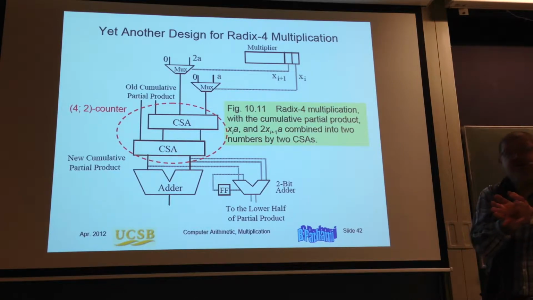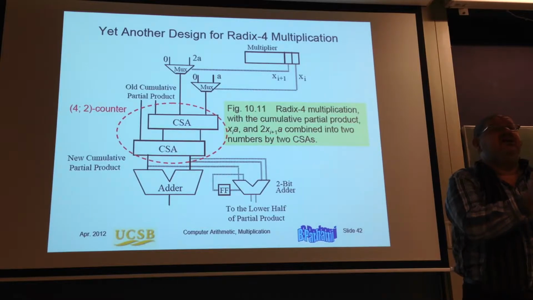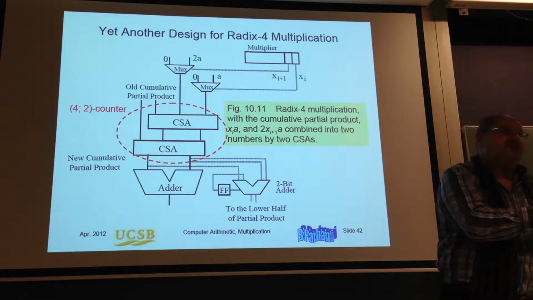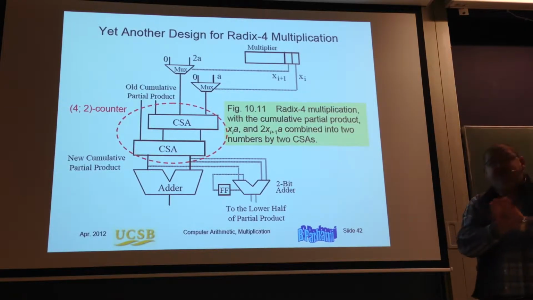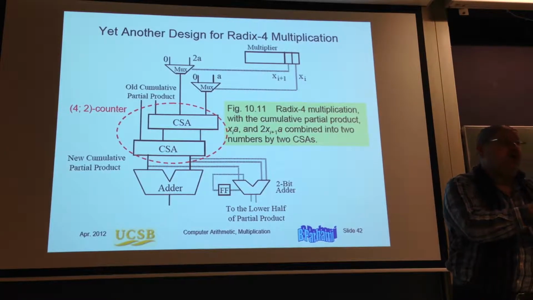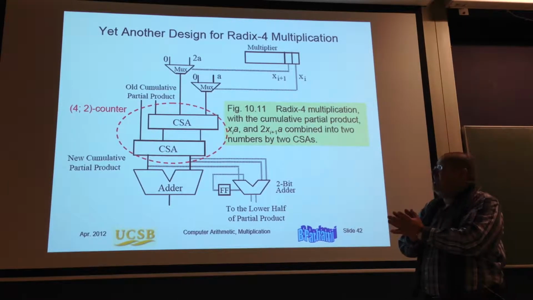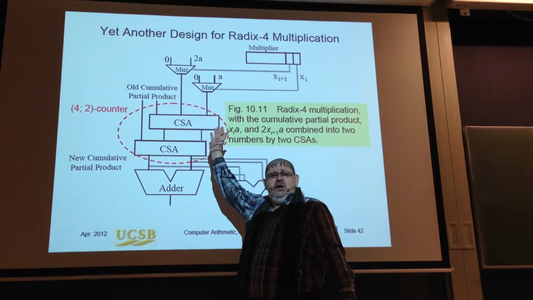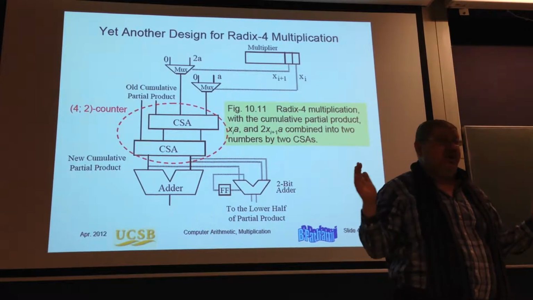And we looked initially at the not very smart solution, which was to propagate the carry in each and every iteration. And we saw that that one is not really a brilliant approach. Then we said, okay, what we can do is instead of computing the accumulated partial product as one number, we keep it as two numbers. And essentially, if you do that, you have a carry save adder tree, which will have a number of stages depending on how high the radix is.